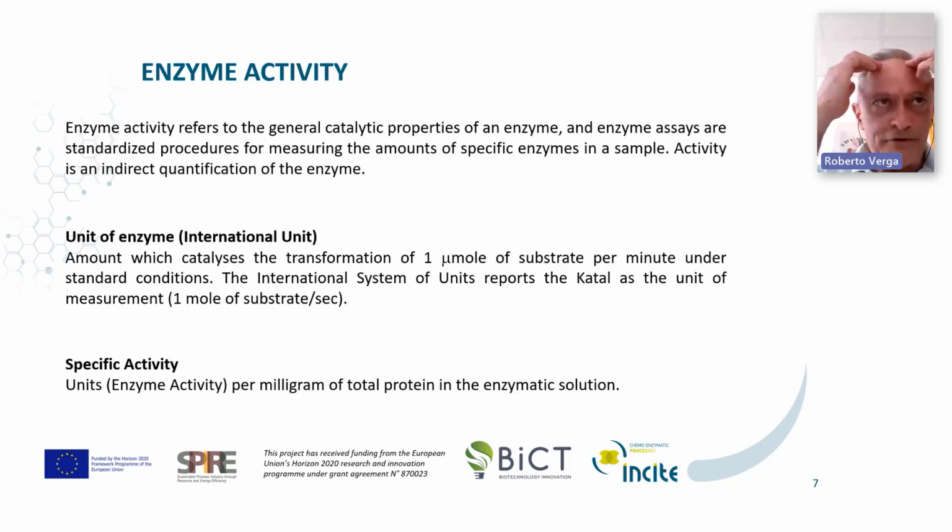We like to remember also the specific activity. What is the specific activity? Specific activity is a ratio. It's a ratio between the units, the enzyme activity, and the milligrams of total protein that I have inside my solution or my mixture of enzymes. Why is it useful? It's useful because it's important during an enzyme purification.